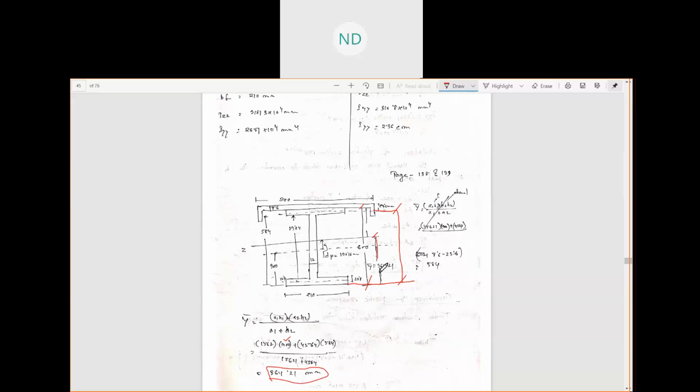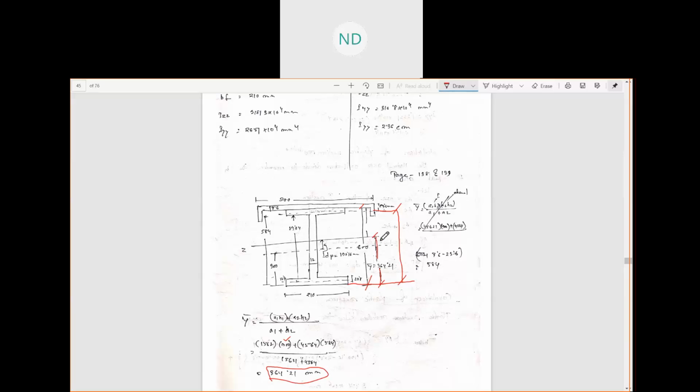This is the combined CG of the entire built-up member. This built-up member is acting as one member, like a gantry girder now. So what is the CG of this entire built-up member?